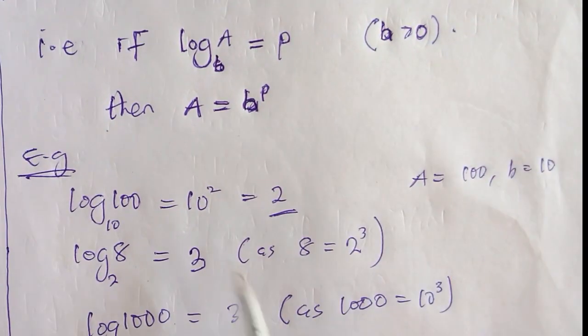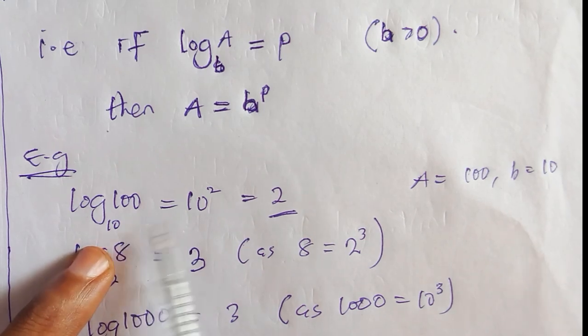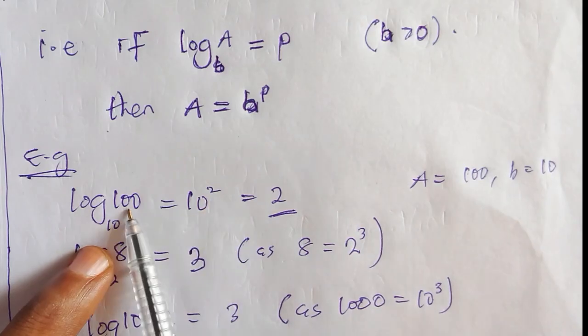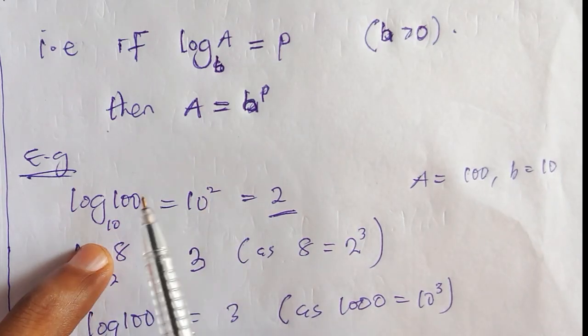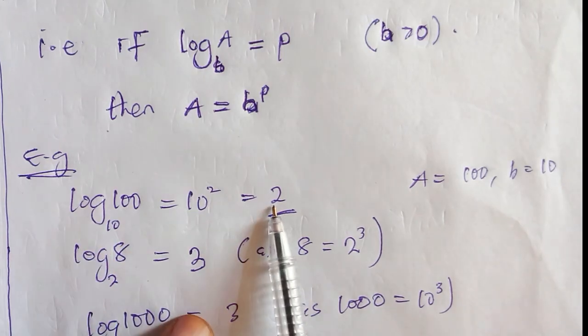So in this example, a is 100 while b is 10, meaning we must raise 10 to the power 2 before we get 100. So the logarithm of 100 to the base 10 is 2.